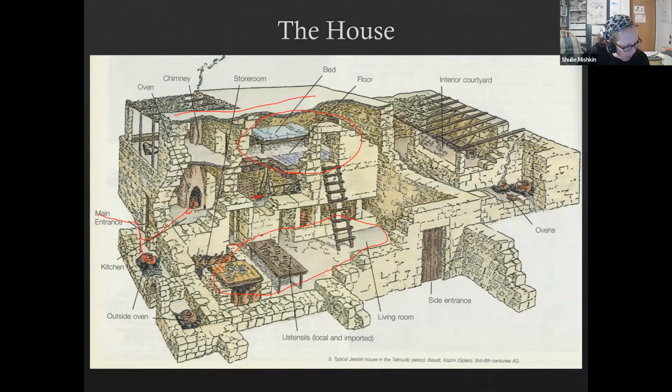And what else? We have all kinds of storage things and cooking things, but also storage things, jugs, pots, etc. And here we have our courtyard, right? And our outdoor kitchen, our main outdoor kitchen. Okay, let's erase and move on.